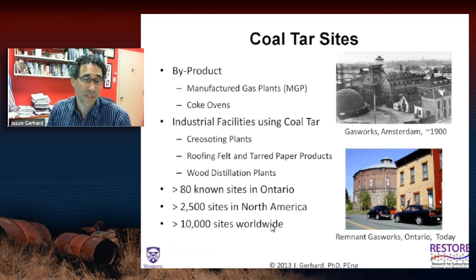So wherever you do a site investigation and you see that there used to be an MGP plant nearby, you can be highly suspicious of coal tar contamination in the subsurface. There's some other industries that use coal tar: creosote plants, tarring and wood distillation plants.